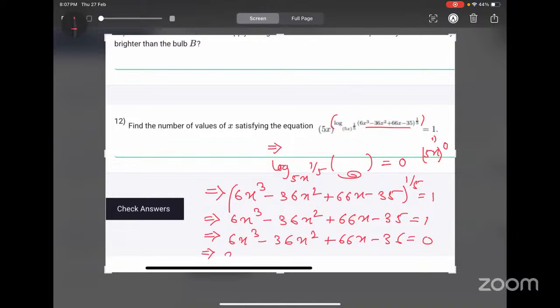So we will get x cube minus 6x square plus 11x minus 6 equals 0, right? Now we can simplify this, and what are the roots of this equation?